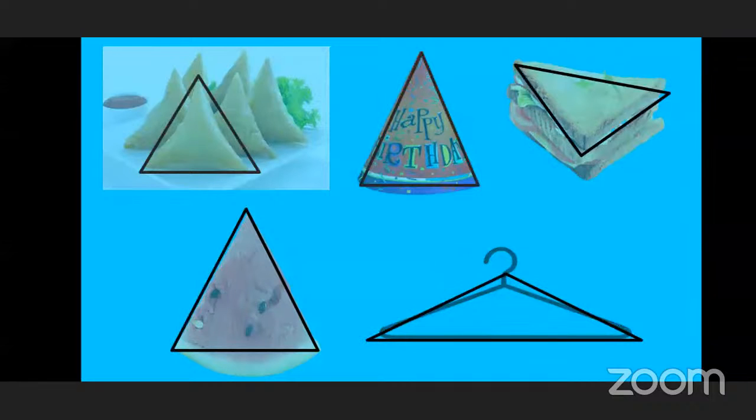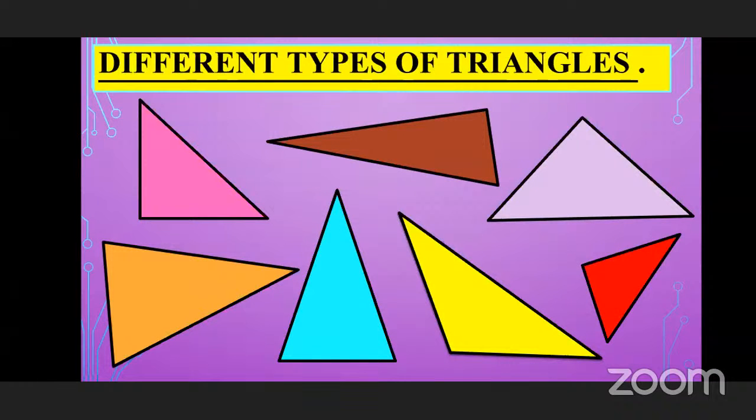Different. Yes, they are different in respect of sides and angles. So children, there are different types of triangles which we see in the objects and in the things that are around us.